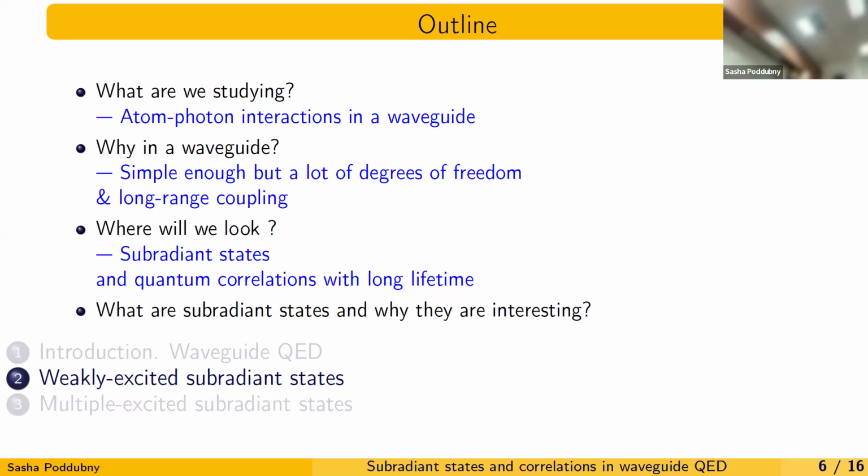So which kind of correlations will survive? What will survive is determined by the eigenstates of the Hamiltonian I've just shown you. Depending on timing, I will show you the case of weakly excited subradiant states, and maybe I'll talk about more strongly excited subradiant states.